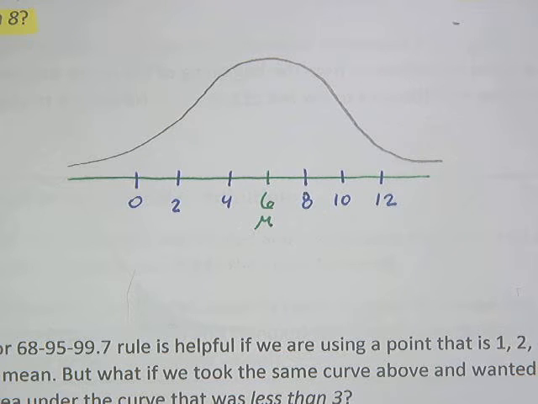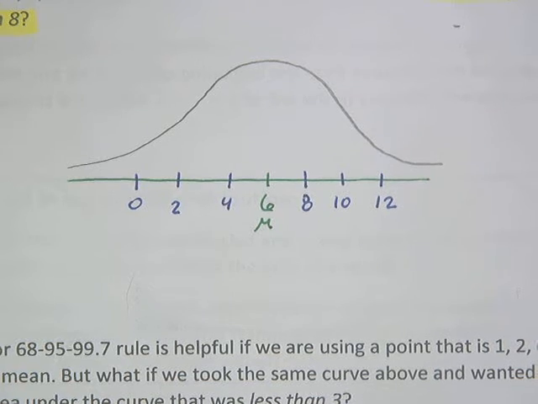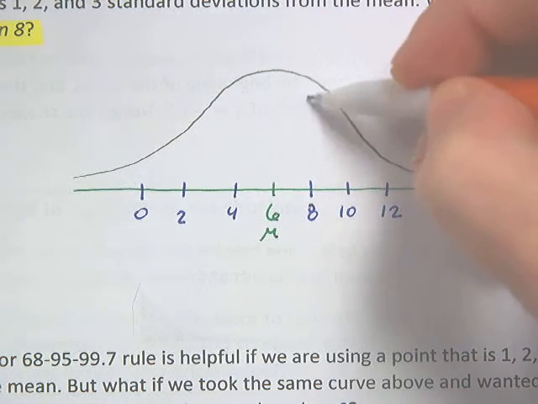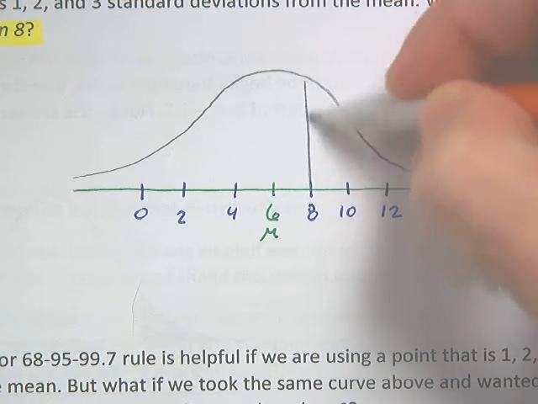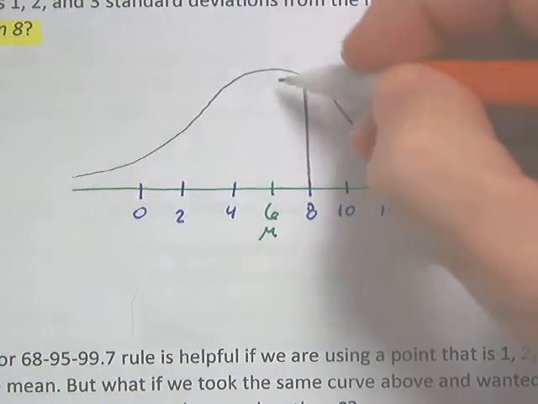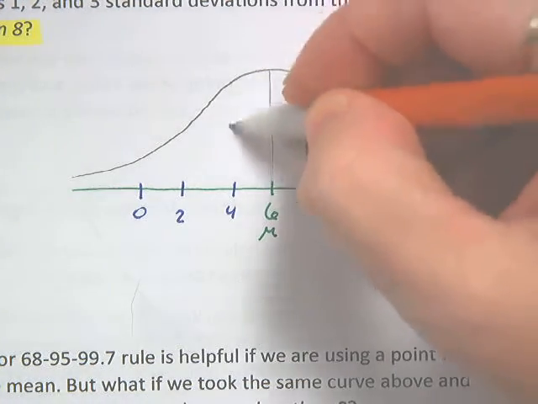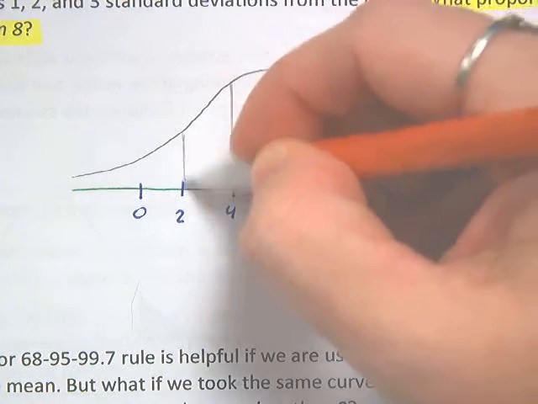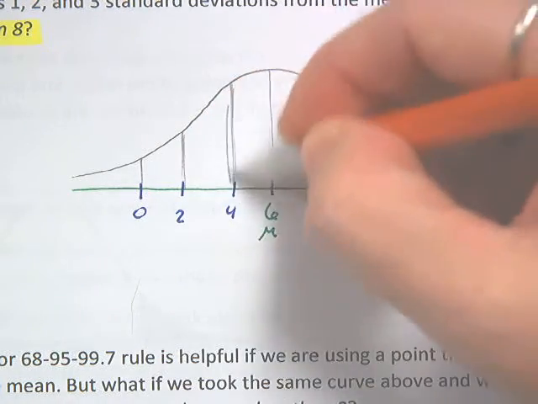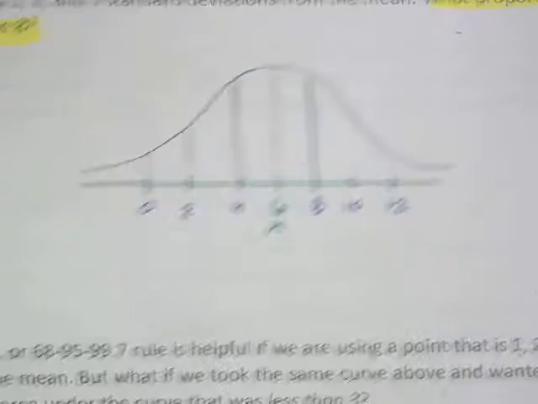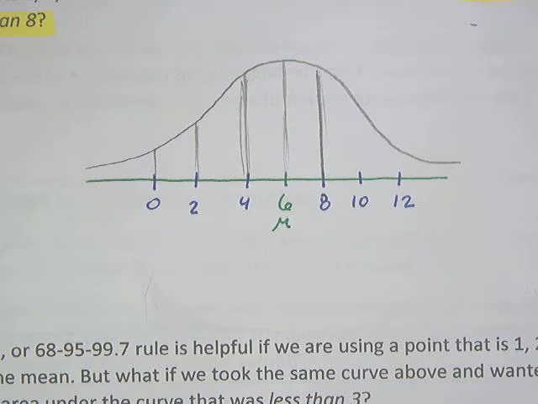So that shouldn't be something that you've got to spend a lot of brain energy on, especially because there's no decimals or anything like that. Now it says, what proportion of the area under the curve is less than 8? So here is that boundary line, 8. It's an actual value on my horizontal axis. I didn't space things out very well, but what we learned last time is something called the empirical rule.